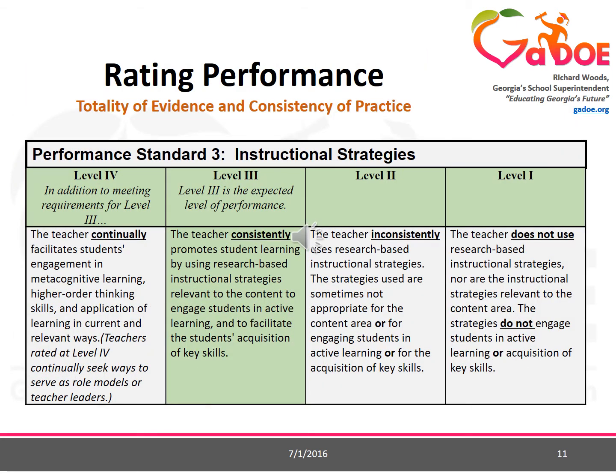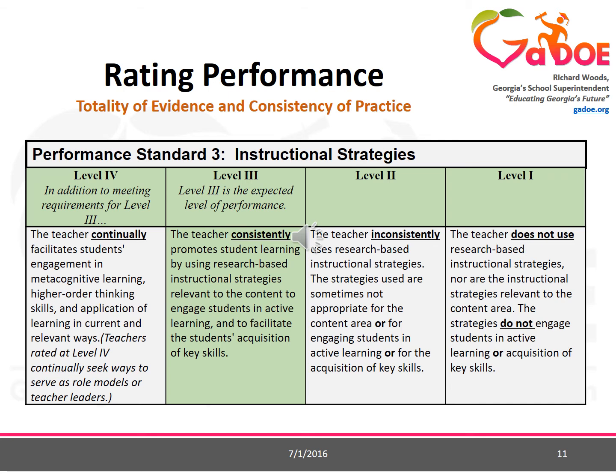When using the rubric to evaluate you, your administrator is going to start at level 3, which is the expected level of performance. They're going to read the descriptor under level 3 and read that to exclusion. And what that simply means is they're going to read that until they see something that is not being met, or if everything is being met under level 3, they'll move over to level 4.